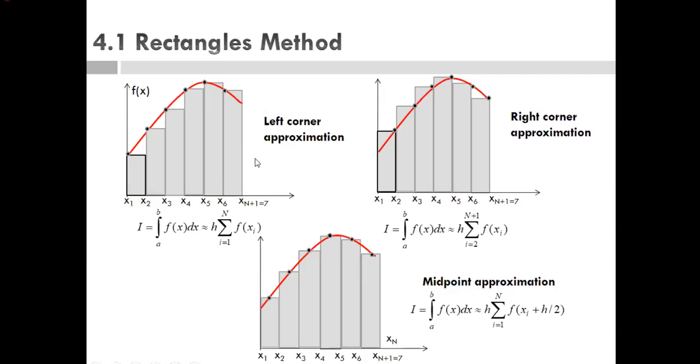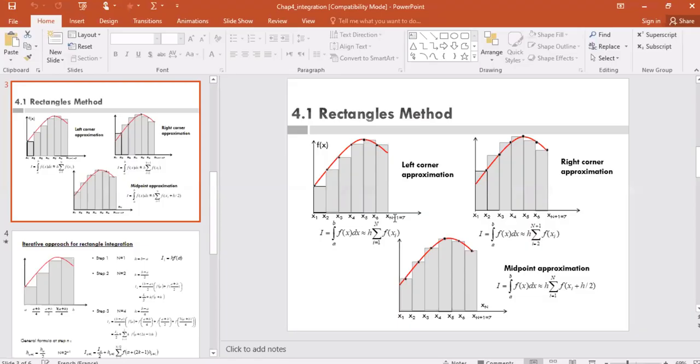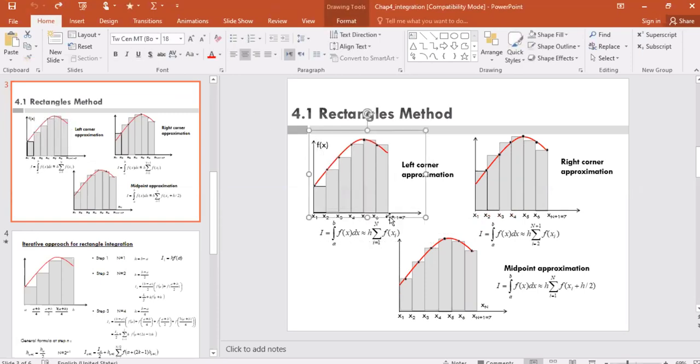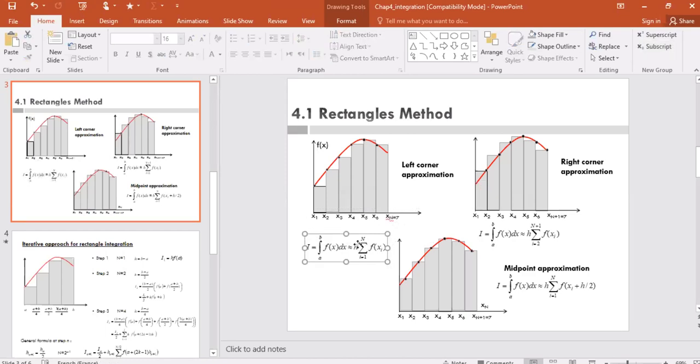Basically, in the rectangle method, I'm just going to correct the graph a little bit, because here I took n plus 1 points in my definition, so to be coherent with my definition I'm going to take it till xn here, and here it will go minus 1.